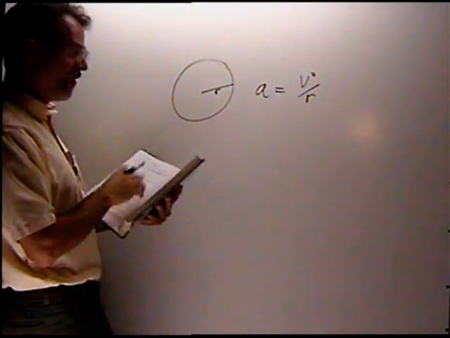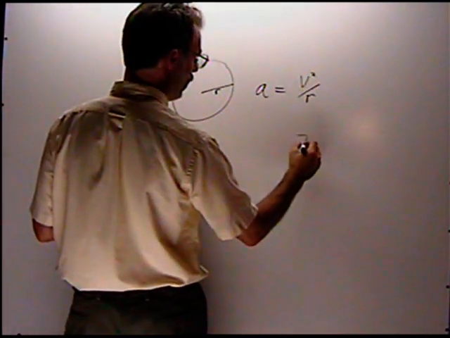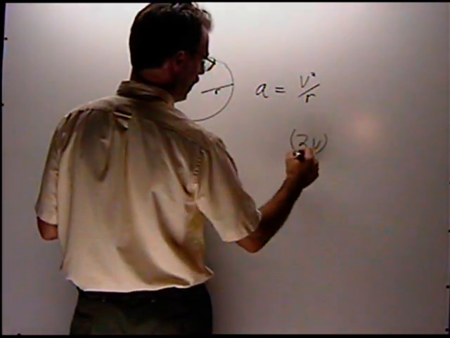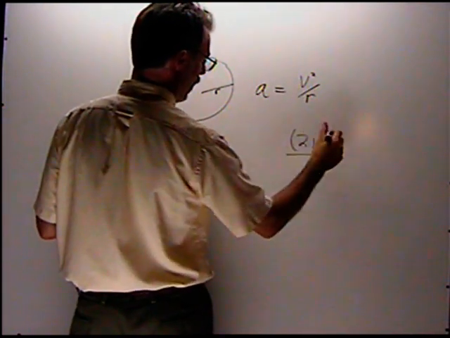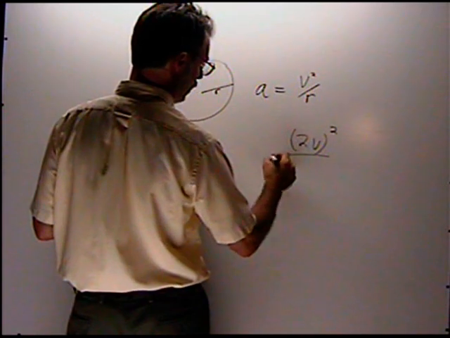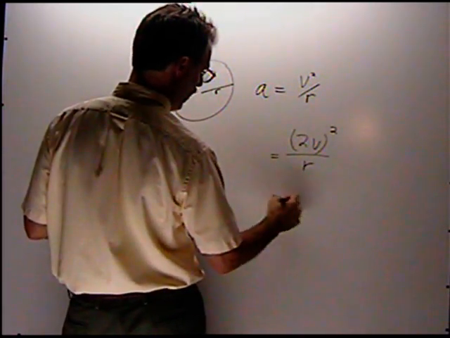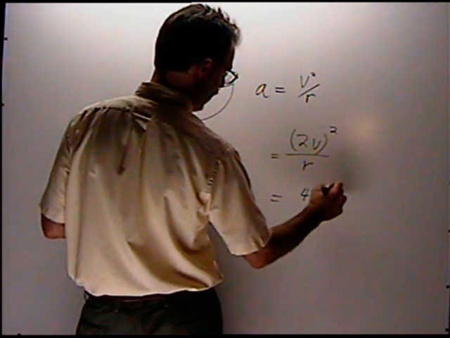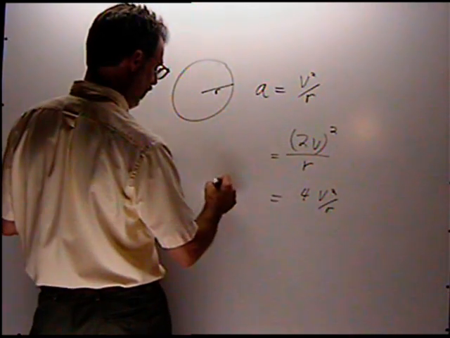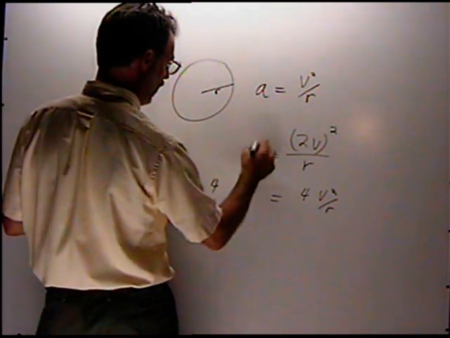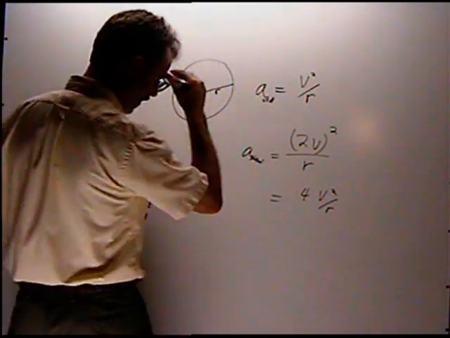Now the speed suddenly doubles. We were doing v, but now we're going to be doing 2v. Whatever the velocity is, we double it, but then we have to square it. So that means that we have 4v squared over r. So if this is the old acceleration, this is the new acceleration.